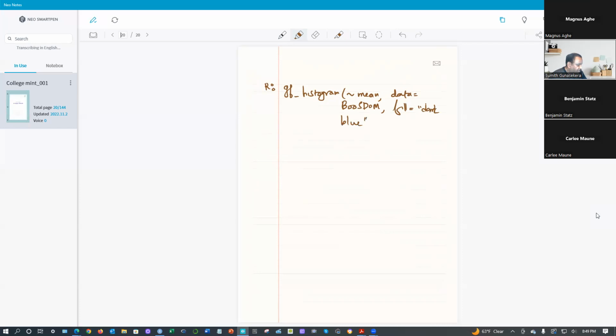This is your y bar, and this is your count, or frequency, which is f. Once you draw this, you're going to have something like this.